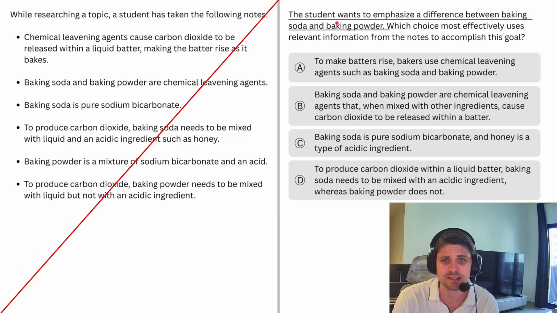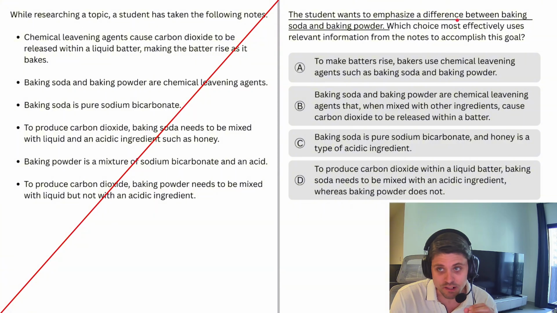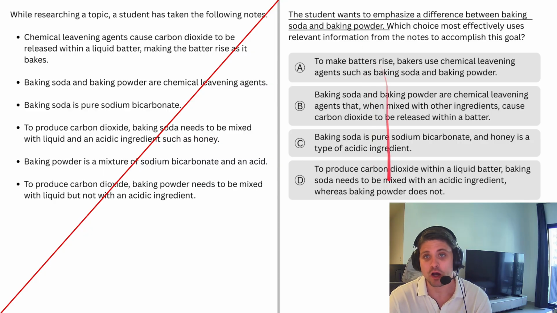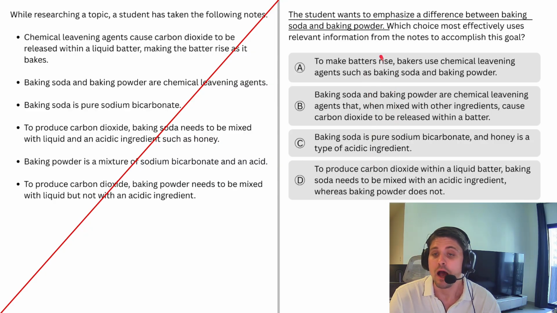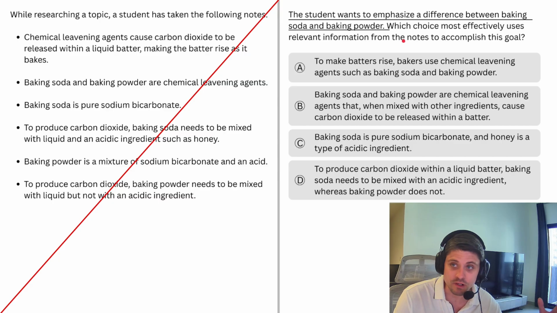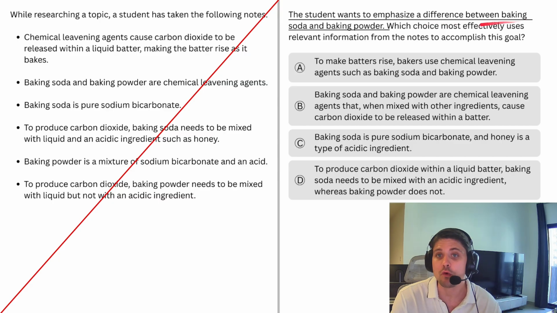So let's read this. This first sentence, 9 times out of 10, is all you need. The student wants to emphasize a difference between baking soda and baking powder. Okay, so I'm going to look down here at my options and I'm going to pick the one that talks about a difference. 3 of these options are not going to give me a difference, or they're not going to mention both baking soda and baking powder.